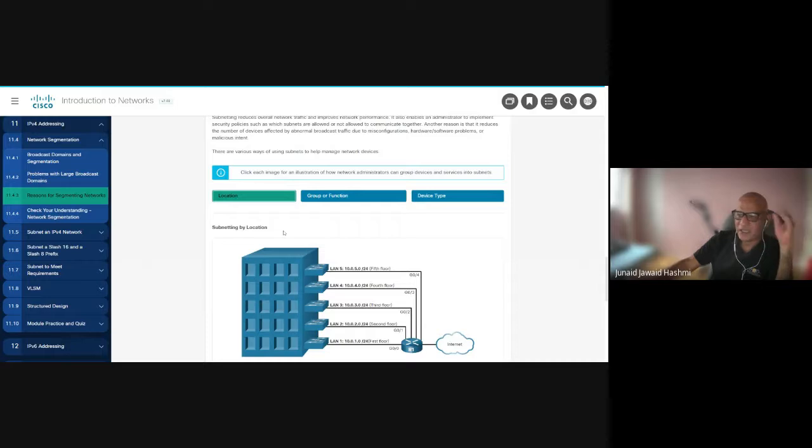And obviously, one of the most common reasons for subnetting is the location. For example, in our computing support department, we have 10 subnets. Even though all these subnets are on one floor, they're based on the room number or the class. So each class is a separate subnet. We divide them based on location.